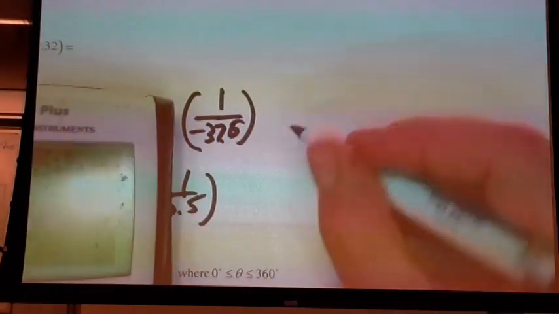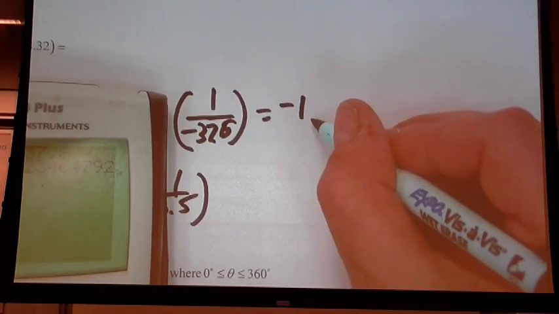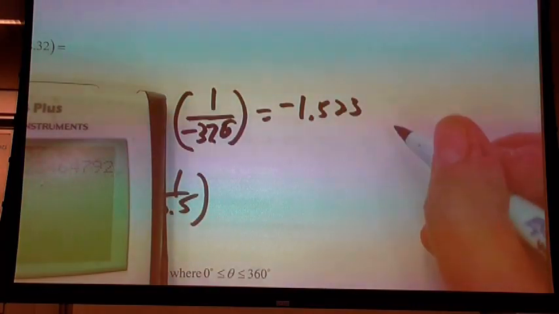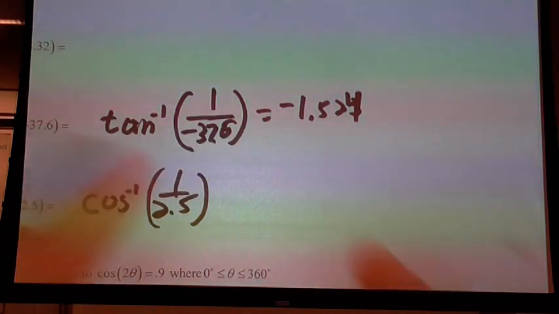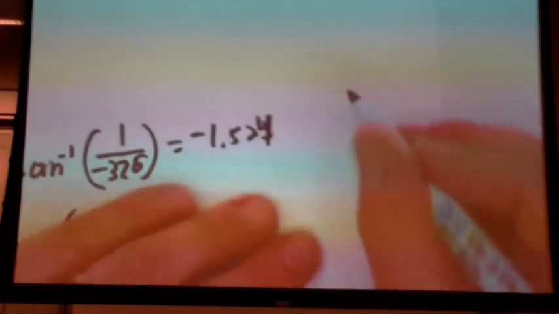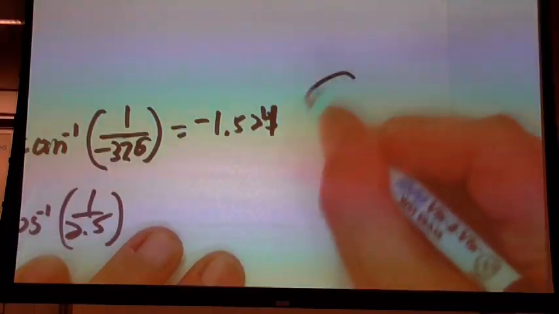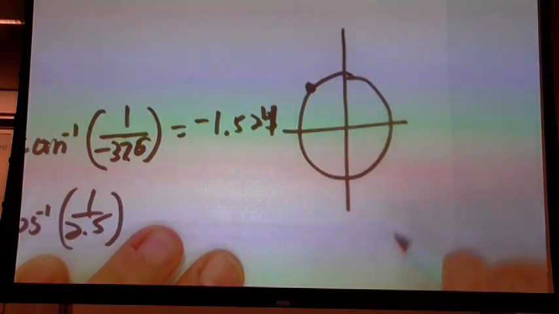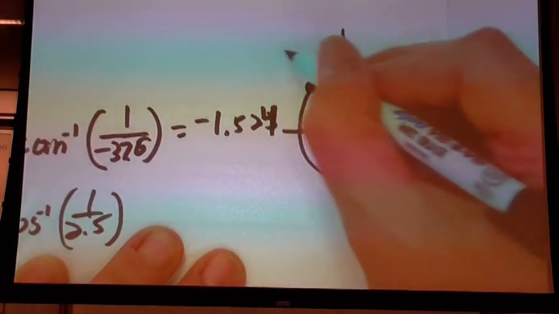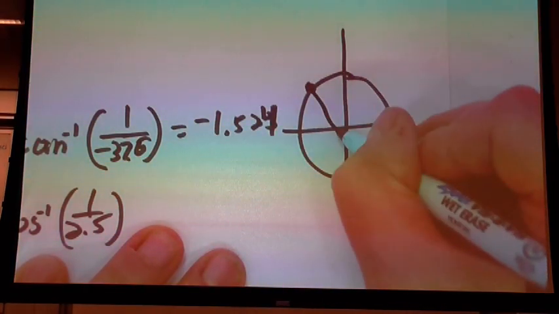So I get negative 1.523, 524, rounded. Okay, so again, that's a value up here. And that's where the tangent is negative, right?